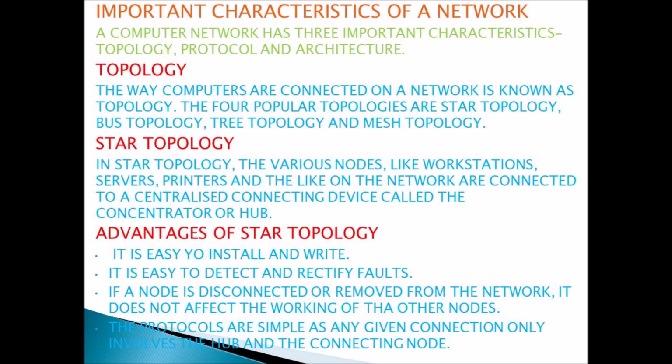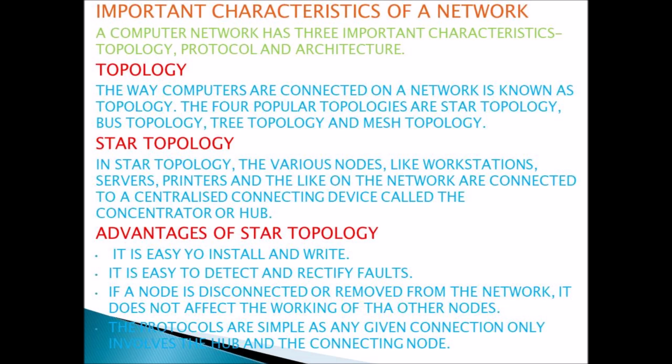The next one is important characteristics of a network. There are three important characteristics of a network. The first one is topology. Topology shows how the computers are connected, a diagrammatic representation of how the computers are connected.